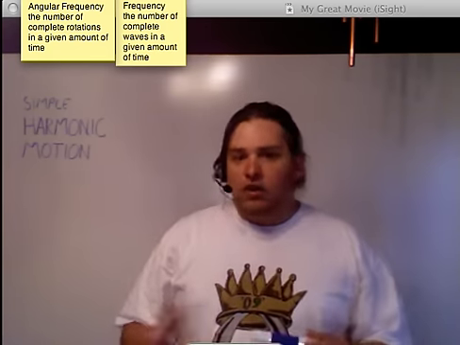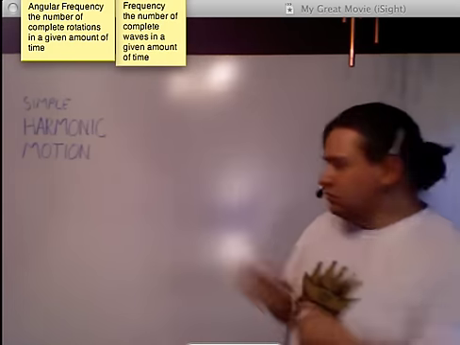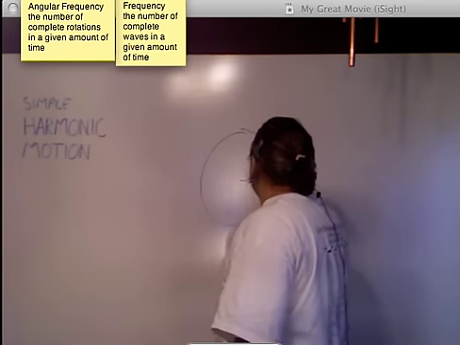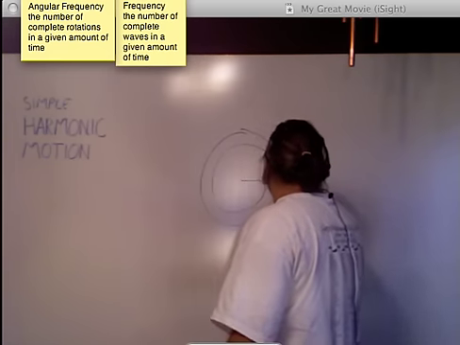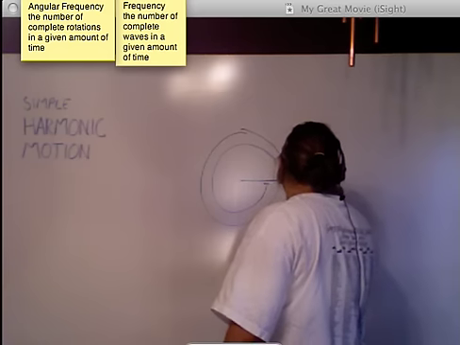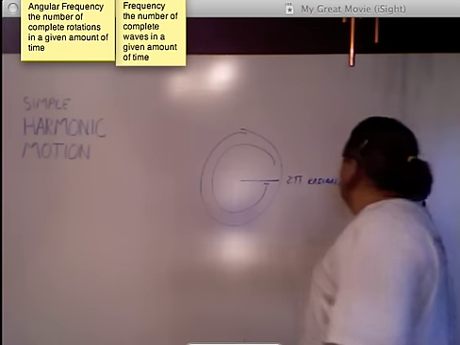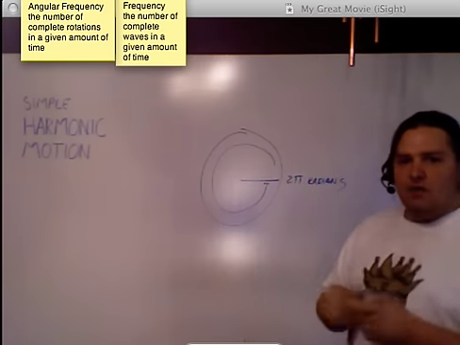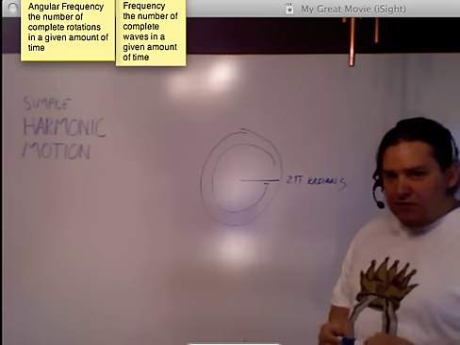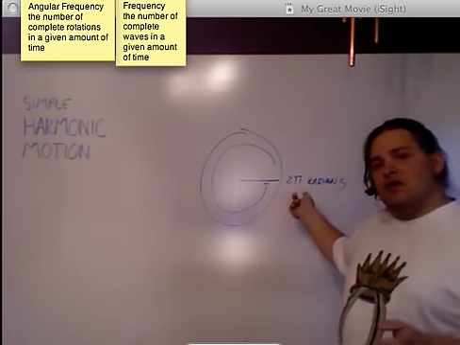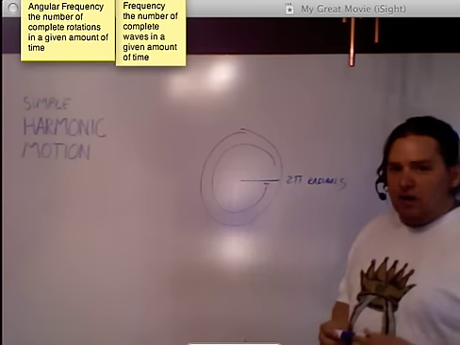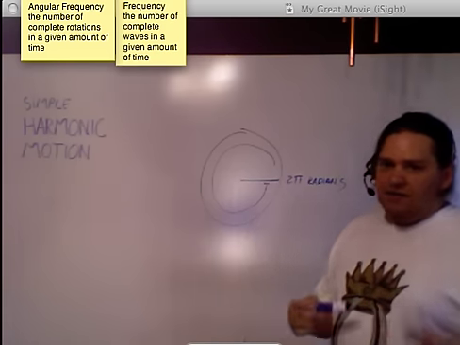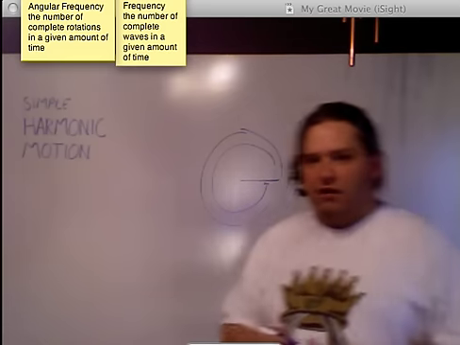Or realizing that in a complete circle, draw a circle, there are 2 pi radians in that circle. So when we say 1 rotation or 1 revolution, we actually can say it as 2 pi radians. Okay? So when we talk about angular frequency, it's not the same thing as regular frequency.